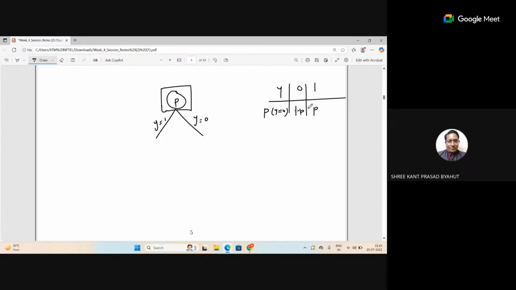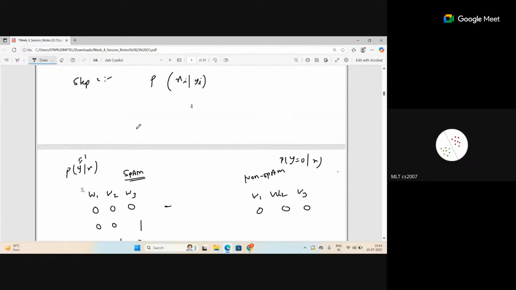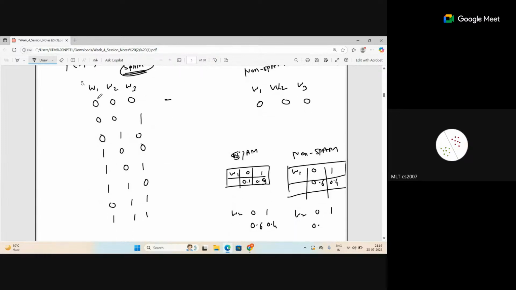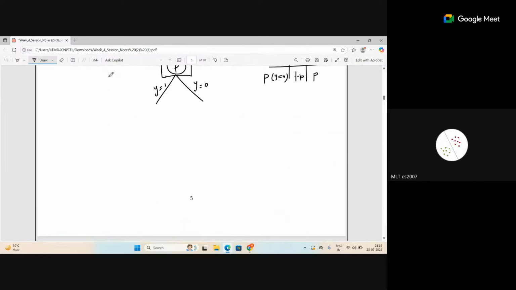Now that means whenever I toss the y coin, I'll get either 1 or 0. And if I get 1, let's say 1 is spam, then how many words am I having in that? 3 words. So can I say it is a dice of 3?